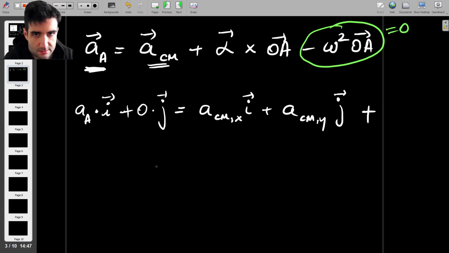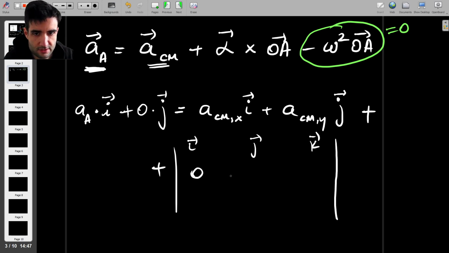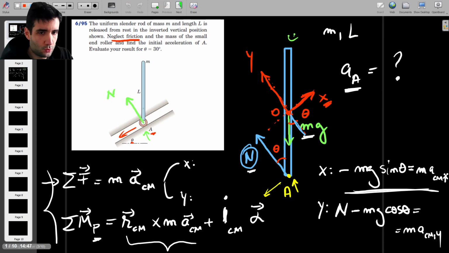Okay, and then plus, and then we have our determinant i, j, k. We have our unknown angular acceleration alpha, which has 0, 0, alpha components. And then we have OA, which actually has two components because it is purely vertical, that's true, but our coordinate system looks like this, right? So that's our x and our y.